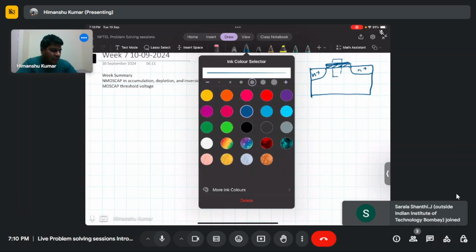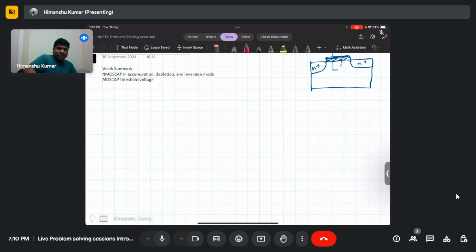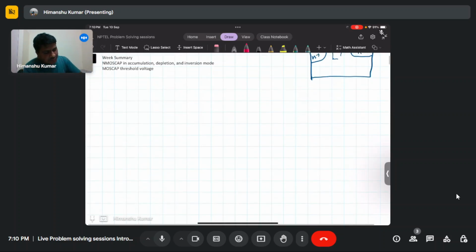So in the last class, and in this course, we primarily discussed the ideal MOSCAP, what the characteristics are, and we will derive some expressions based on that. Let me draw the structure of the MOSCAP. If you consider this as a metal, this as an oxide, and this is the semiconductor.